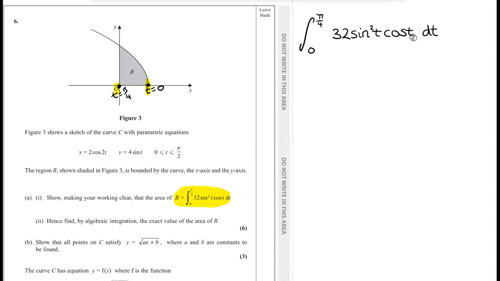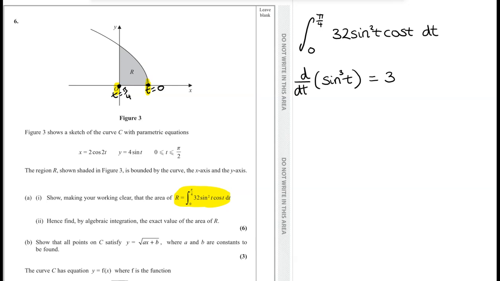So try and see what happens if you were to differentiate sine cubed. When you differentiate sine t in a bracket to the power of 3, you would multiply by the power of that bracket. You can just use the chain rule to prove this.